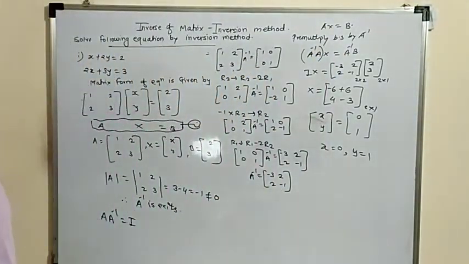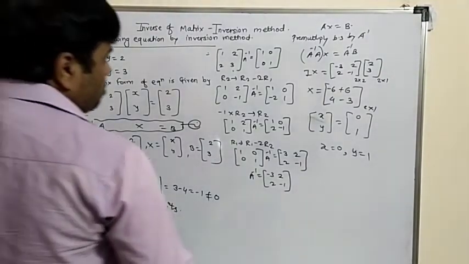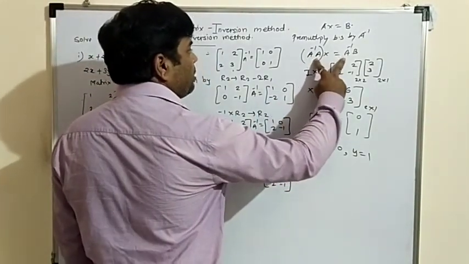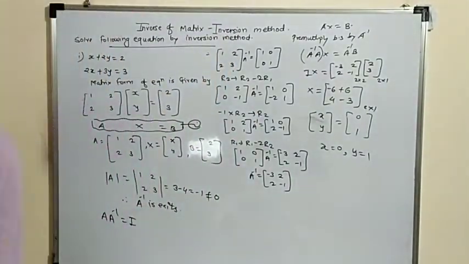Pre-multiply means multiplying first, post-multiply means multiplying afterwards. Suppose you multiply A inverse on both sides. We have a formula, inverse into A is nothing but the identity matrix. You get IX is equal to A inverse into B.